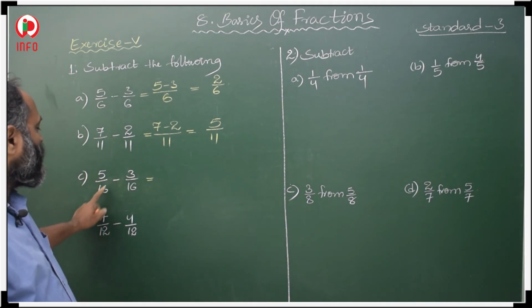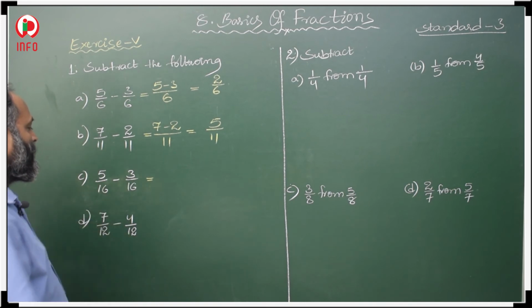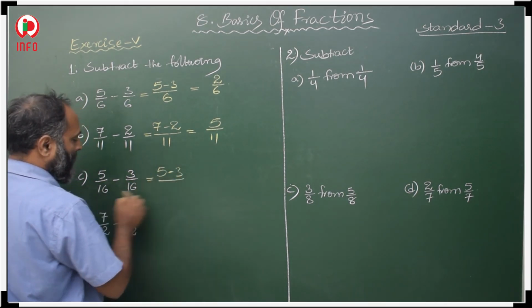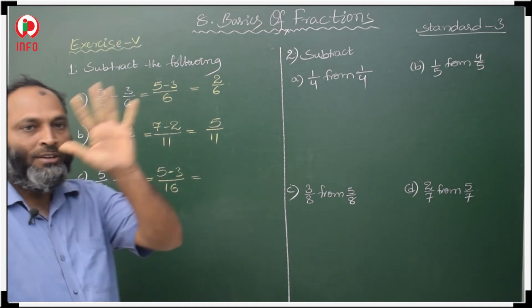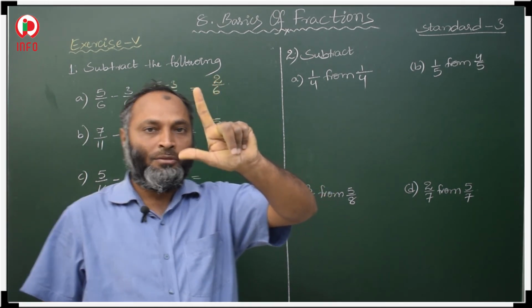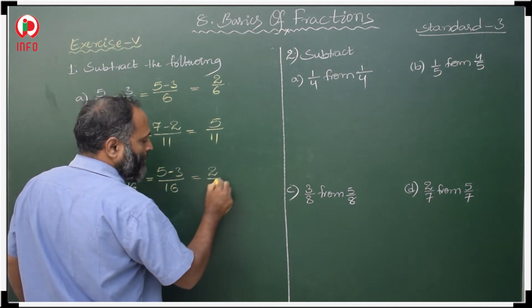Now, 5 by 16 minus 3 by 16 means the difference of the numerators, that is 5 minus 3, by the common denominator 16. In 5 fingers, if you close 3 fingers, how many are left? 2 fingers. Then 5 minus 3 is 2, so 2 by 16.